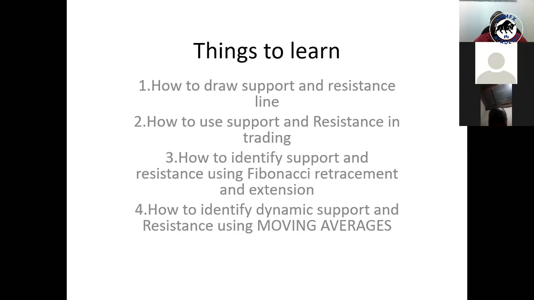Number three, how to identify support and resistance using Fibonacci retracement and extension. Guys, this is very important. Fibonacci retracement and extension is very important in the Forex market because it helps you to automatically identify or show you where support and resistance is.